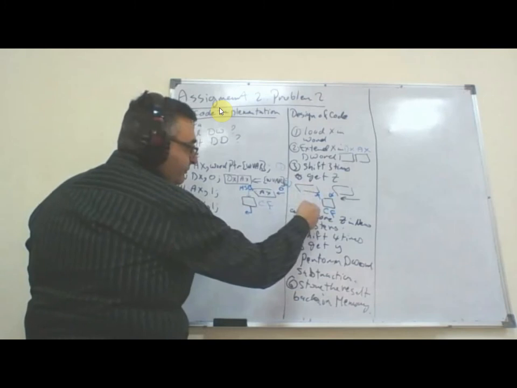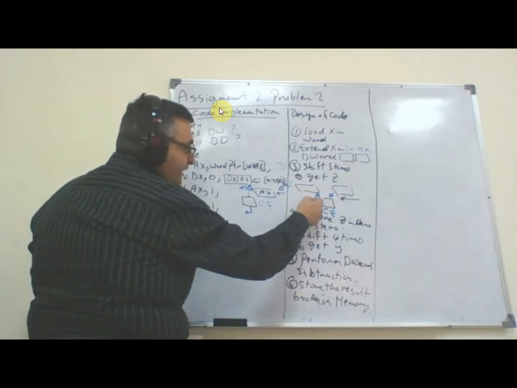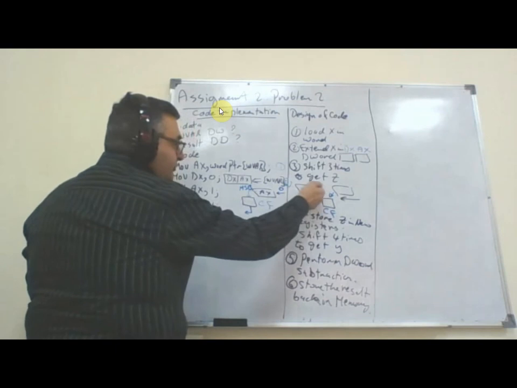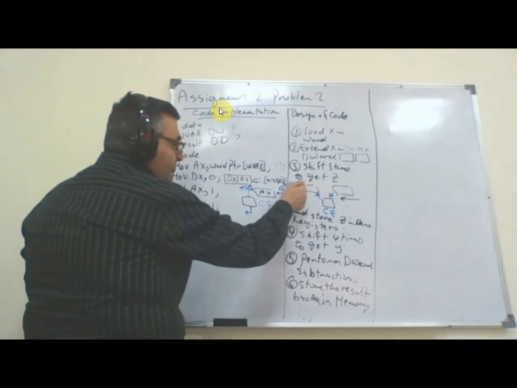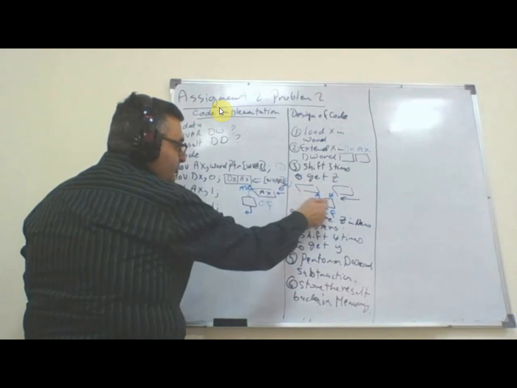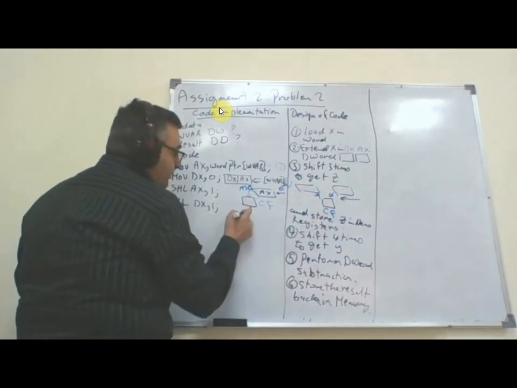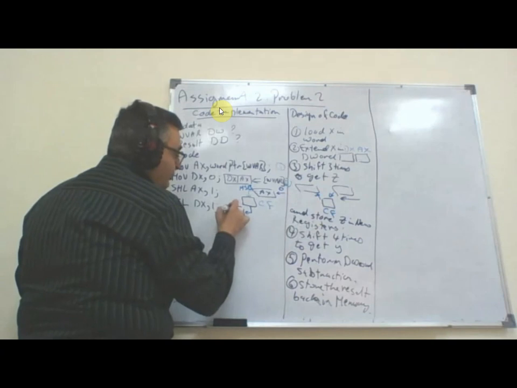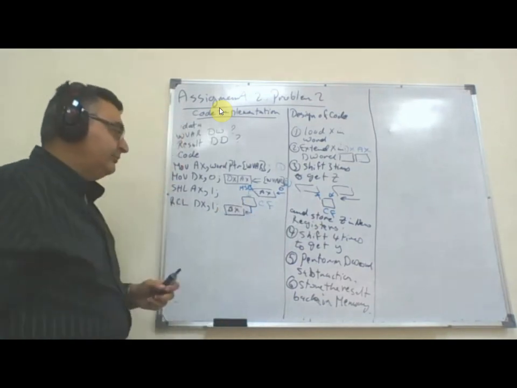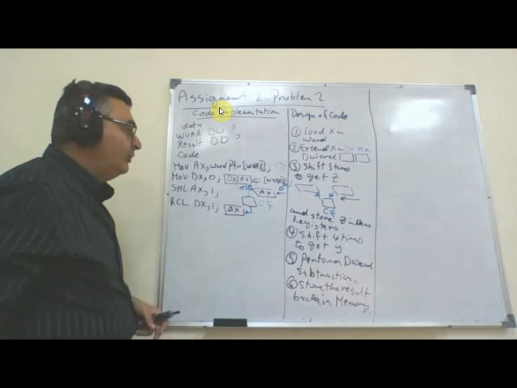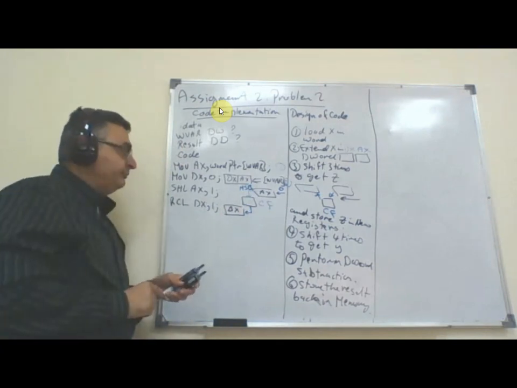So I'm rotating to the left, considering the carry flag is part of the DX register, and insert it to the left of the DX. The most significant bit of DX will be shifted into the carry flag, which is insignificant because DX carries the value 0. It has nothing. So this bit will be inserted inside the DX register.